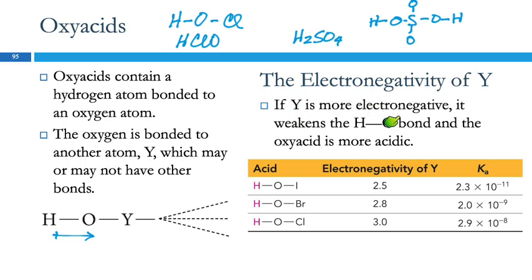If Y is more electronegative, then Y is pulling electrons from the oxygen, and the oxygen's pulling electrons from the hydrogen, and so that makes that bond weaker. So here we're looking at HIO, HBrO, and HClO. Chlorine is the most electronegative of this group. It's closest to fluorine.